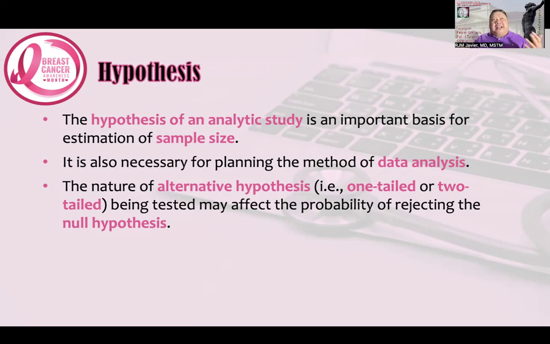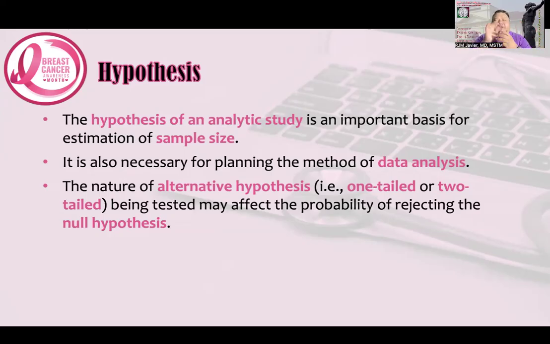If based on your literature review, there is already more or less a particular direction on how the relationship between two variables will be established, then maybe it will be prudent to use a one-tailed hypothesis versus a two-tailed hypothesis, which you use when you still don't know if the variables will be positively or negatively related.